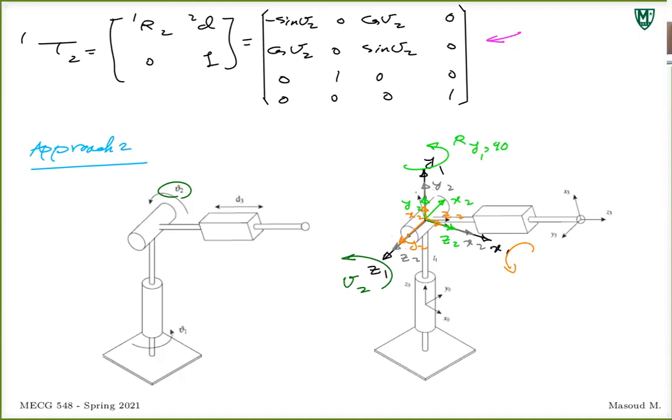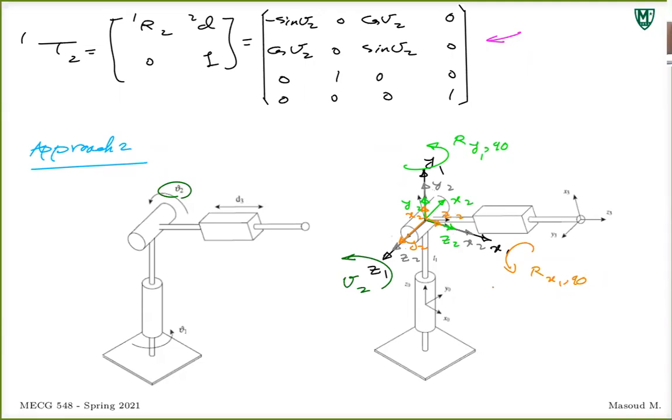And then I made a rotation about x1 of 90 degrees. So the orange was the final position after two 90 degrees rotations. And then I nudged it a little bit to get into where the axis is, because I have a revolute joint. I have to take into account the rotation of that revolute joint.